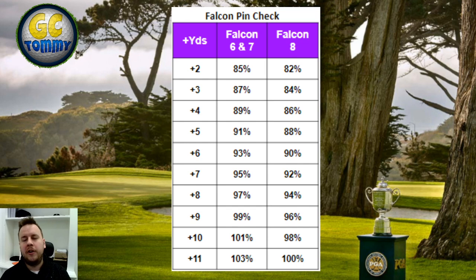So in this scenario, we played 89% slider with the +4 yard mark as a reference. And if we would be playing with Falcon level 8, we would be playing with 86% slider instead of the 89. So this is how you work out, and you use the pin check instead.